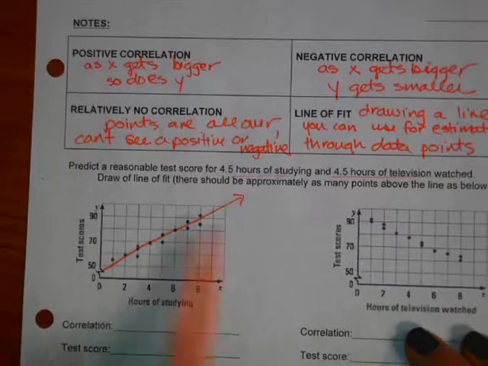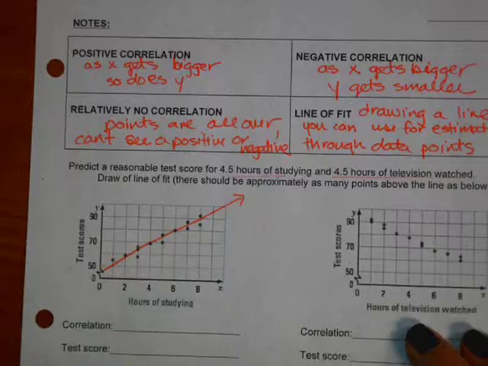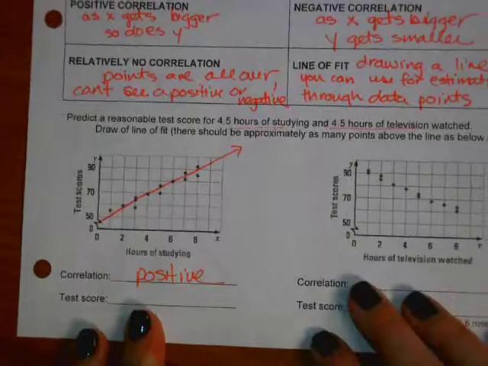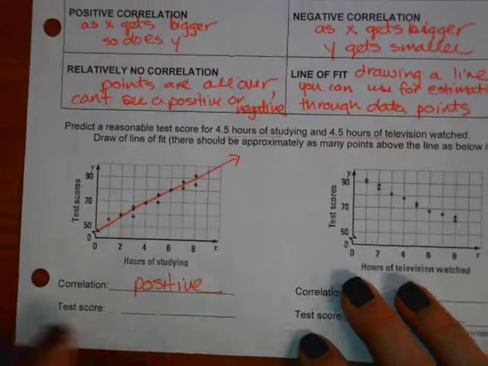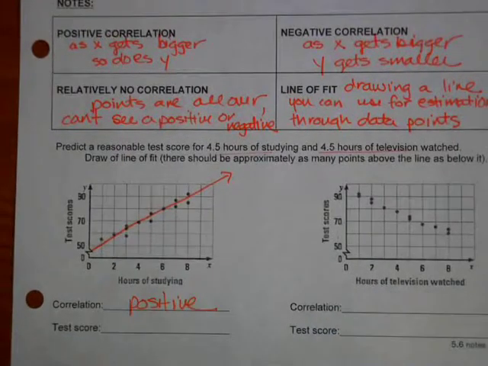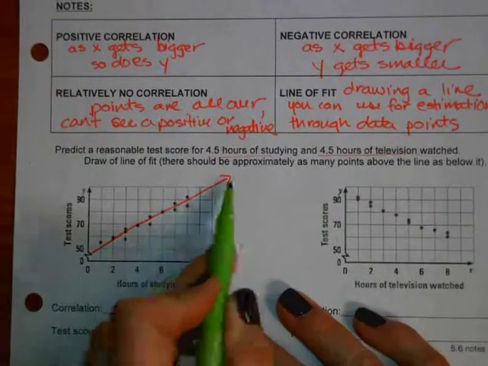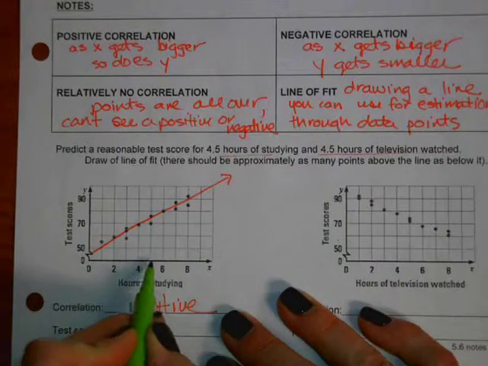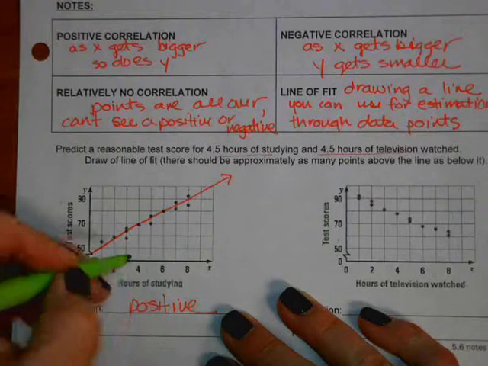So, generally this is going which direction? Positive or negative? It's a positive correlation. Positive correlation. Write that down. Now, it says estimate your test score at 4.5 hours of studying. The reason you draw a line is you go over here to 4.5 hours. So here's 5, so 4.5 is going to be about here.